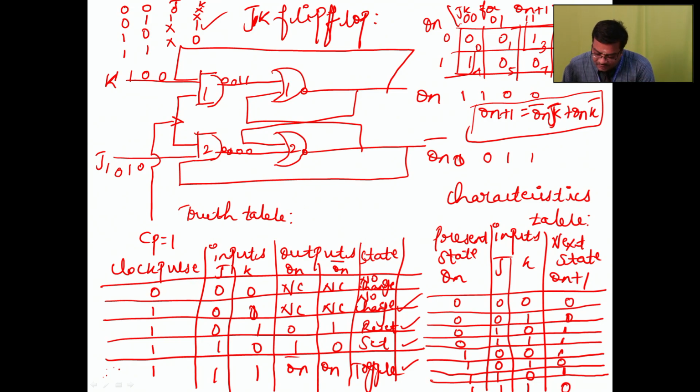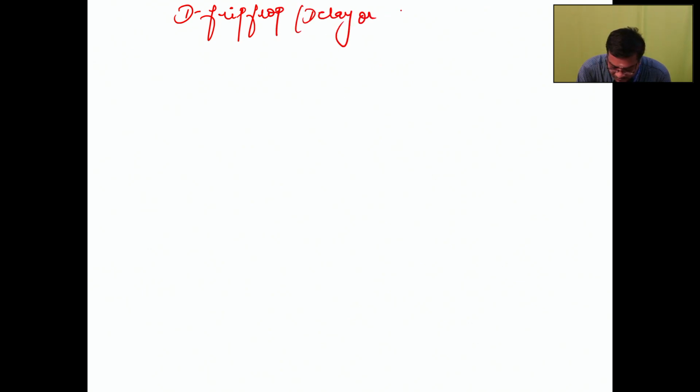Okay, so these are all the various things. Next, D flip flop. It is otherwise called a delay or data flip-flop.